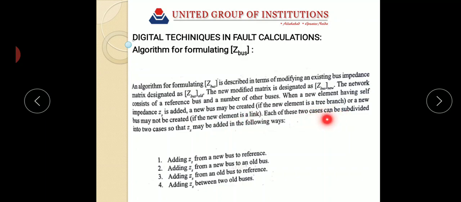Each of these two cases can be subdivided into two cases so that Zs may be added in the following ways. So 4 ways. Number 1, adding Zs from a new bus to reference; number 2, adding Zs from a new bus to an old bus; number 3, adding Zs from an old bus to reference; and number 4, adding Zs between two old buses.